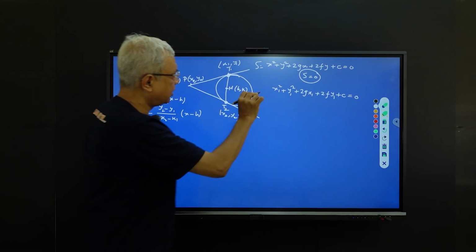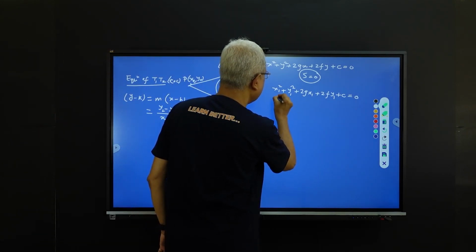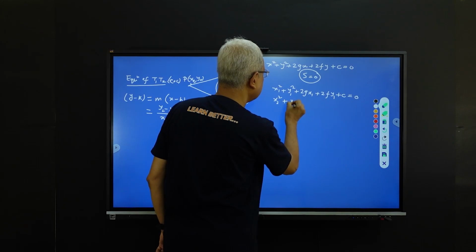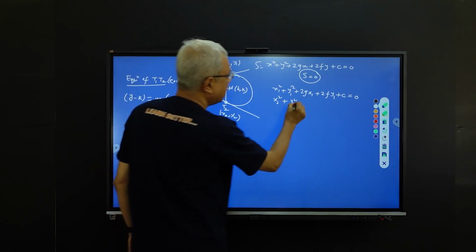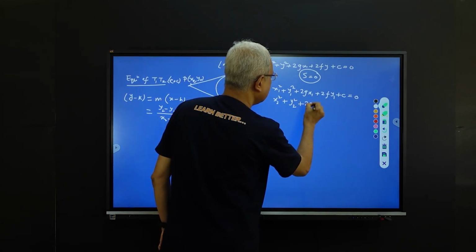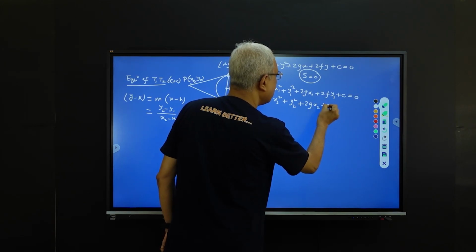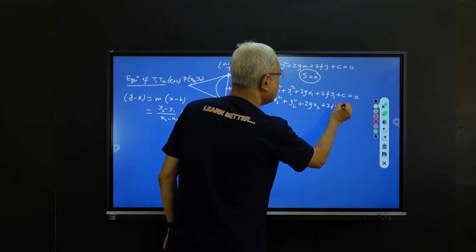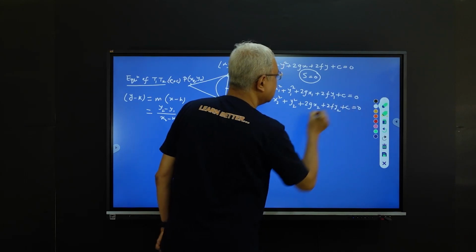We can write like this, and since (x2, y2) is also satisfying the equation of the circle, x2 square plus y2 square plus 2g x2 plus 2f y2 plus c equal to 0.